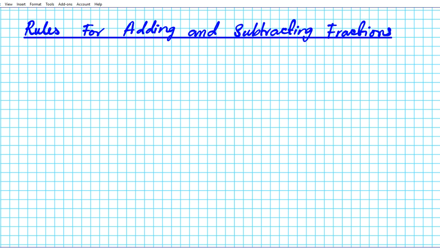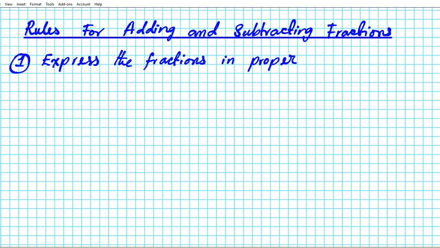Alright, so let's start with the first rule. Number one, you want to express the fractions you're adding in proper or improper forms.